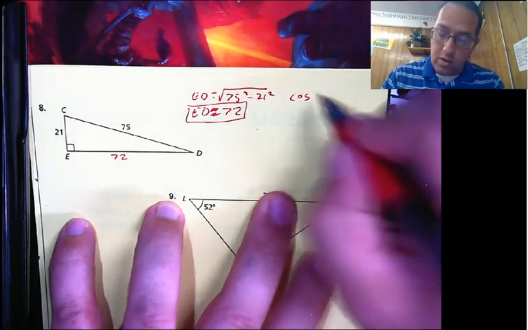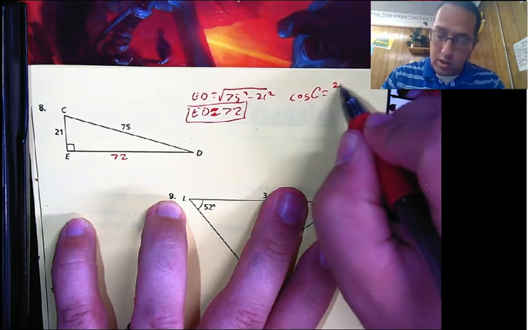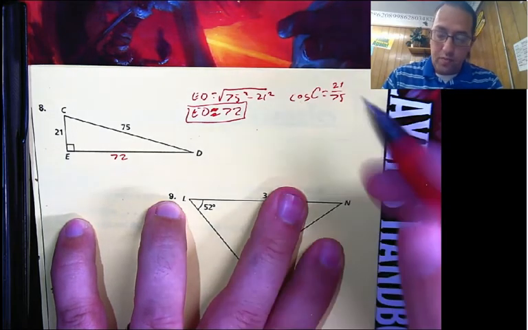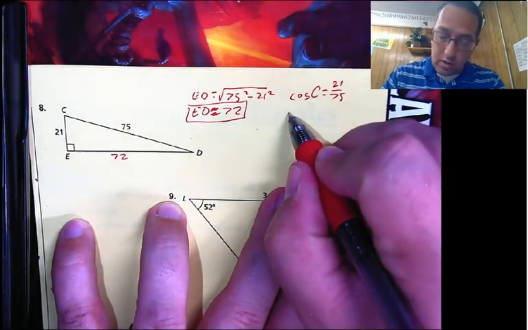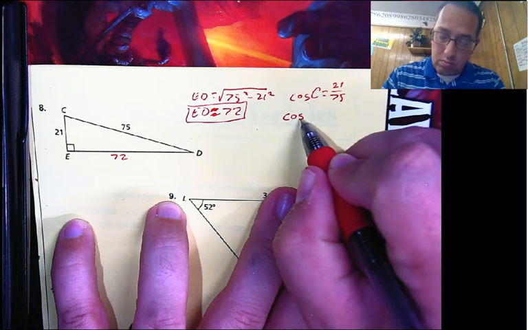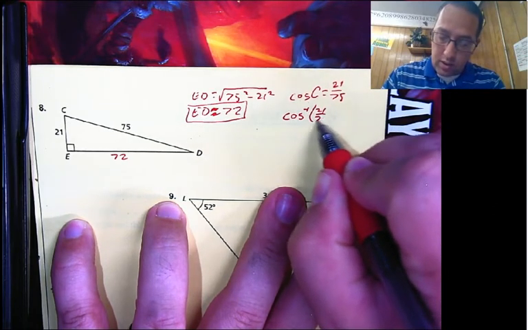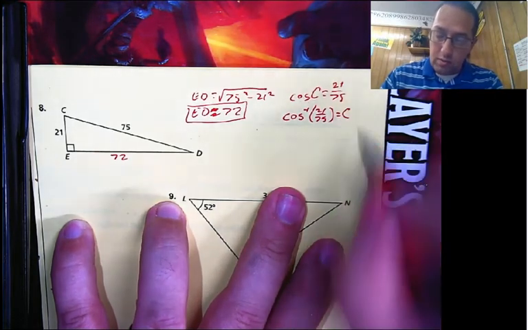So we have cosine of C equals 21, the adjacent, over the hypotenuse of 75. We don't want the cosine of C, we want C. So we do the inverse cosine, inverse cosine of 21/75, I'm not bothering to simplify this, equals C.